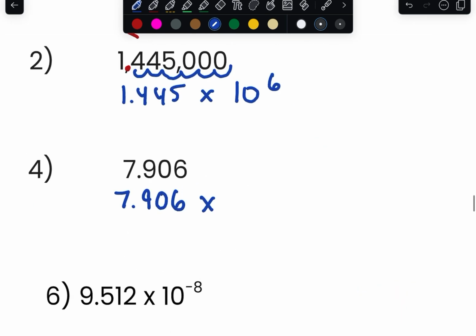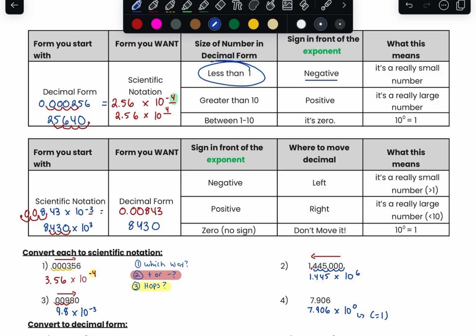So I'm just going to multiply 7.906 times 10 to the 0, because 10 to the 0 just equals 1, so that just keeps the number the same. If the number is already between 1 and 10, we don't need to really mess with it too much. Just multiply it by 10 to the 0. So for this rule up here, this decimal form number is already between 1 and 10, so that's what our exponent would be: 0.